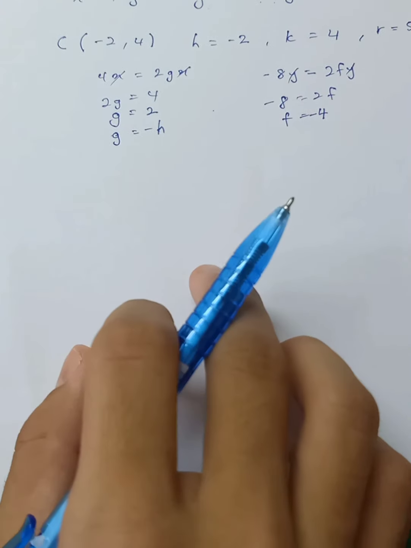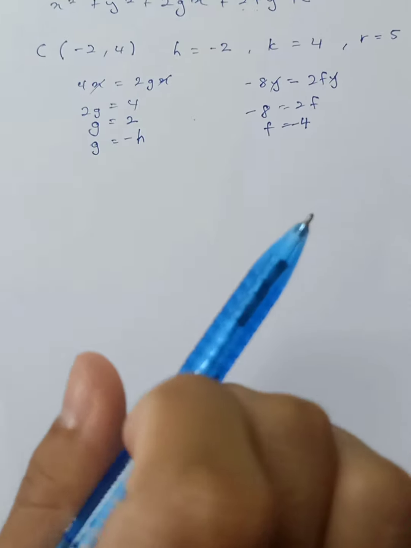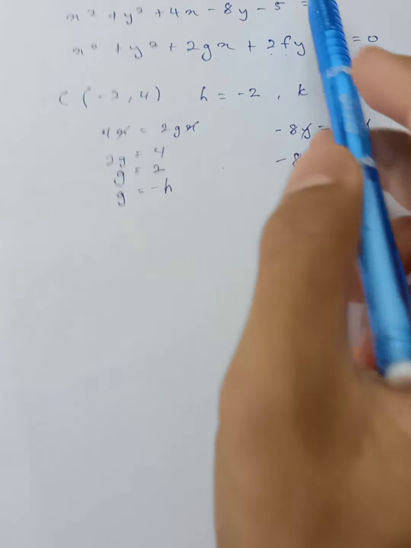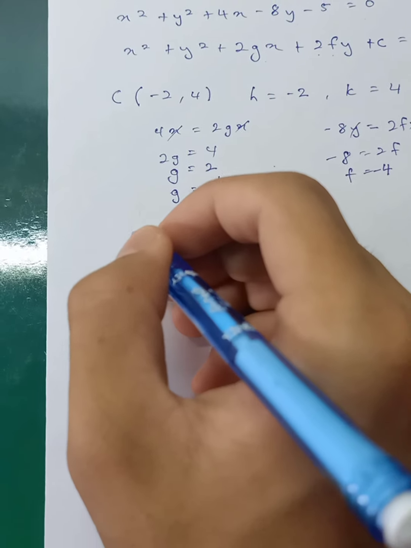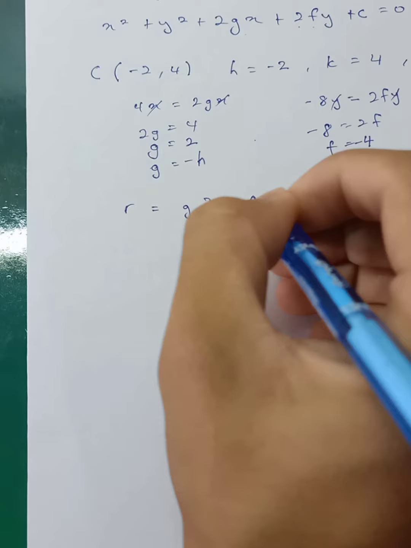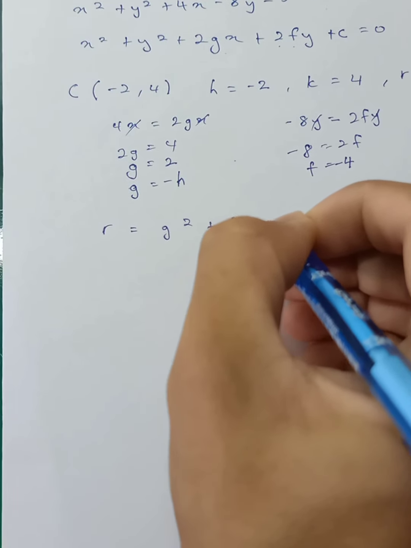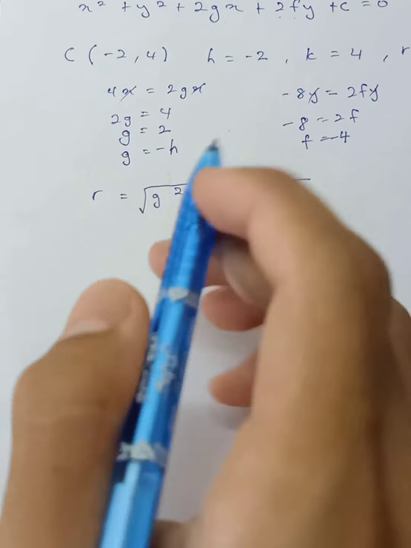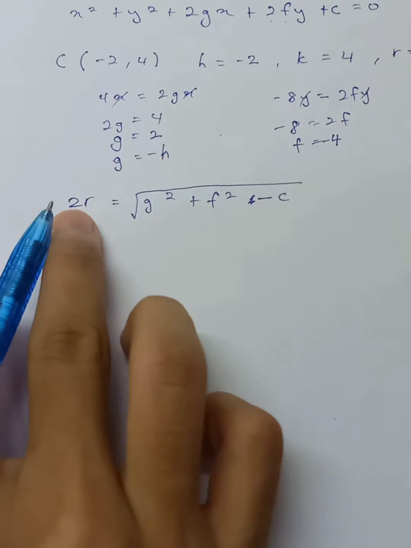Right. So next, we find r. In the question, we need radius 2r. The general equation for r is r equal to the square root of g squared plus f squared minus c. So we need to find 2r.